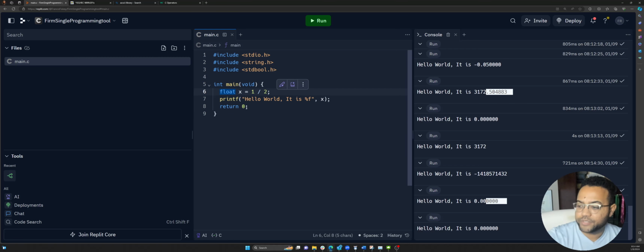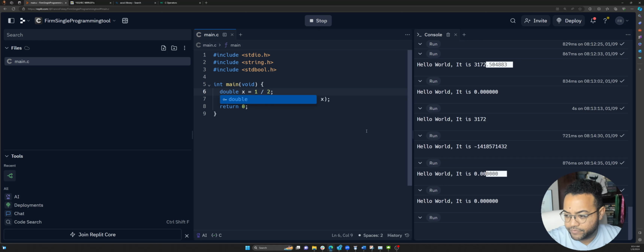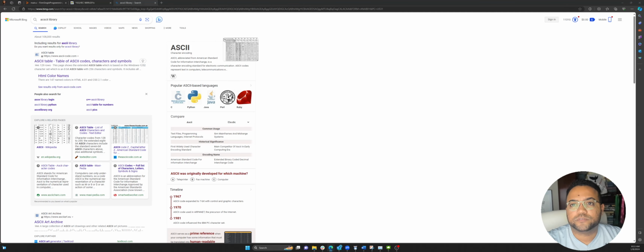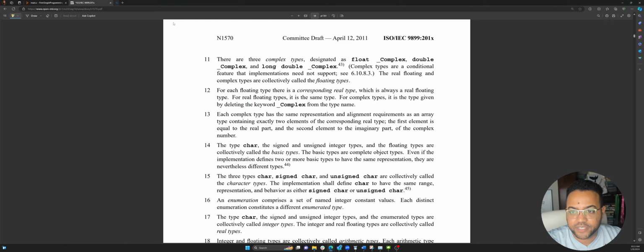Why is it not printing that? Interesting. That should be 0.5. Why is it not 0.5? Interesting. I didn't mean to go back to ASCII.